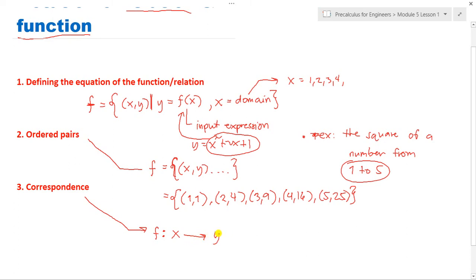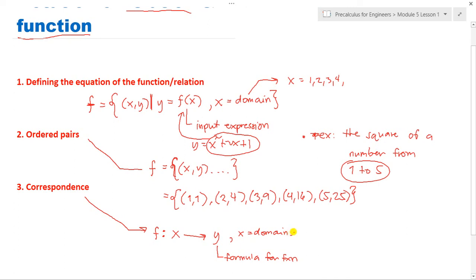Y right here is our variable, and you can also represent this as the formula for your function. Let's say if you're given y is equal to x squared plus 2x plus 1, you can just write x squared plus 2x plus 1. And the next, after writing the formula for our function, put a comma and then write or list all the domains. So x equals the domain.